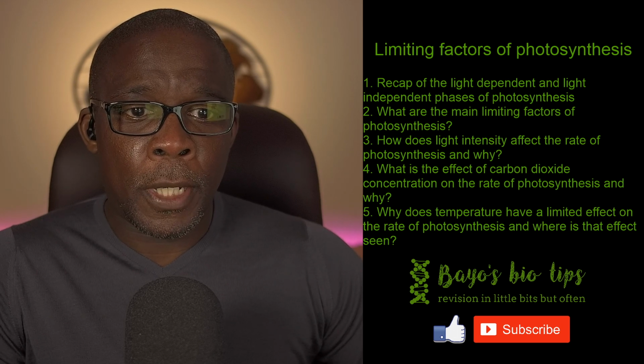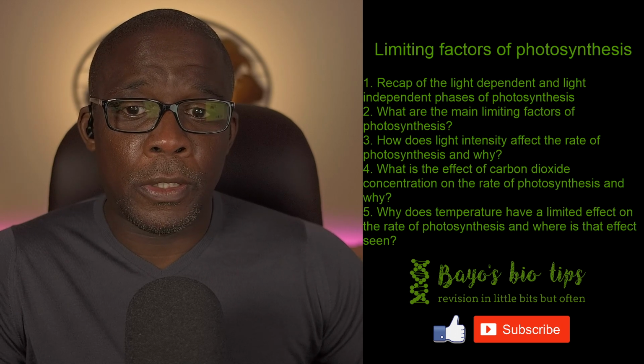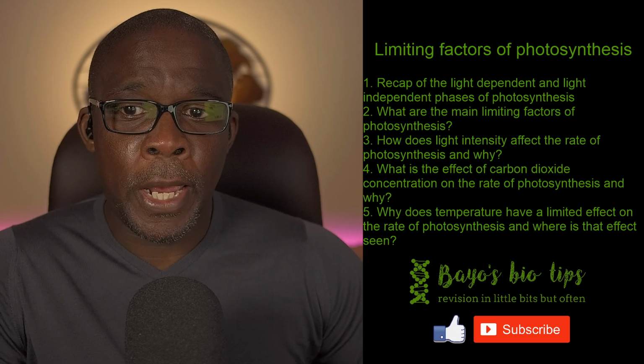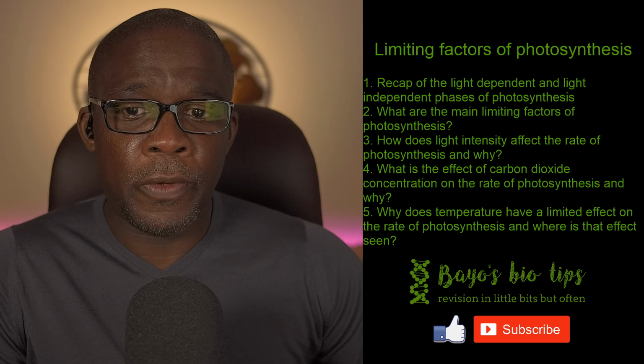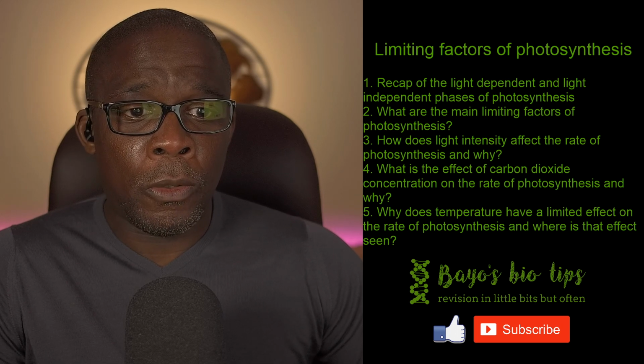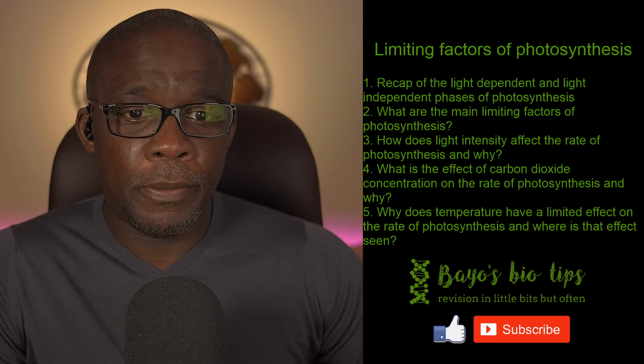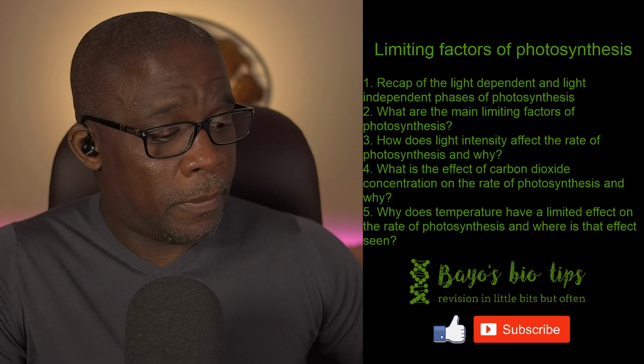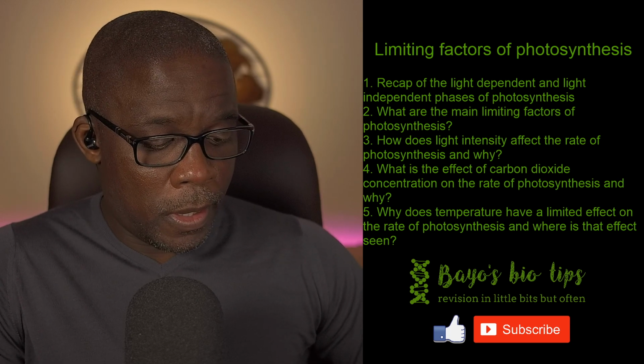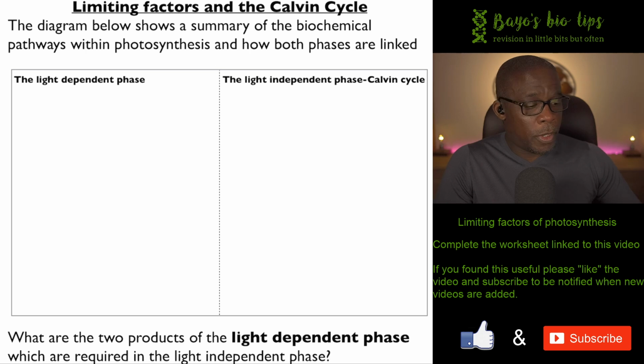And then we'll think about how light intensity affects the rate of photosynthesis and why, basically where in the process the effect would be seen. We'll also do the same for carbon dioxide, and then we'll finish off by looking at the effect of temperature and where that is seen. So let's dig into it.